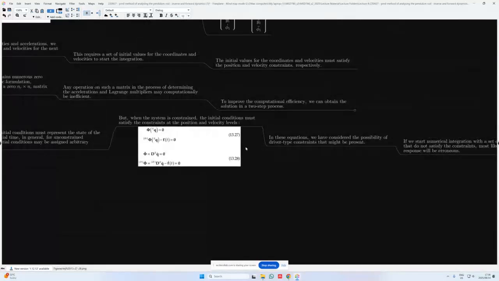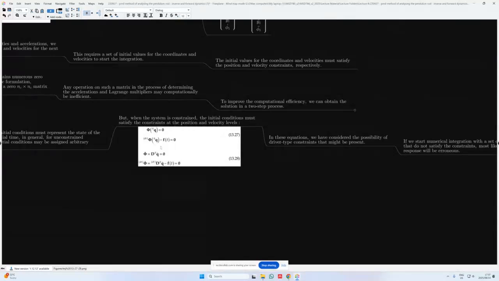Equations 1327 and 1328 show this. This is simply a breakdown of the position and velocity constraints. We once again break up the constraint equations for joints, and then we also have driver constraints. A motor or an actuator that we apply to the system is treated separately from the other joint constraint equations.